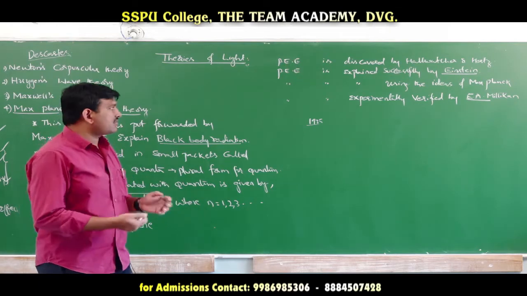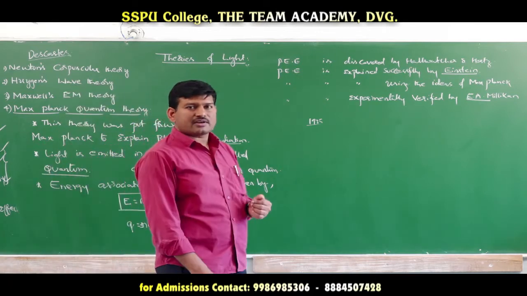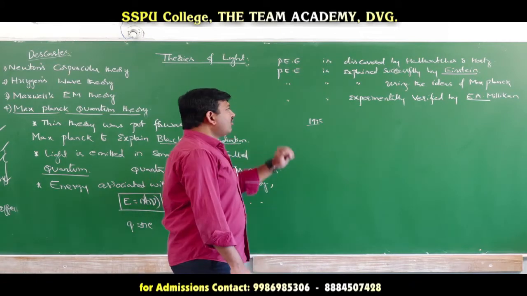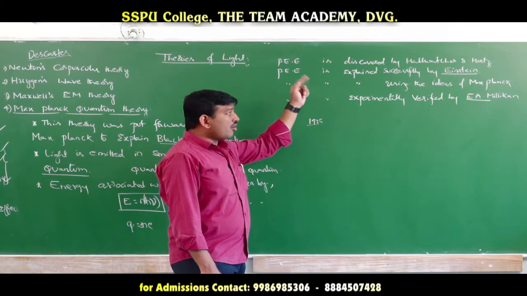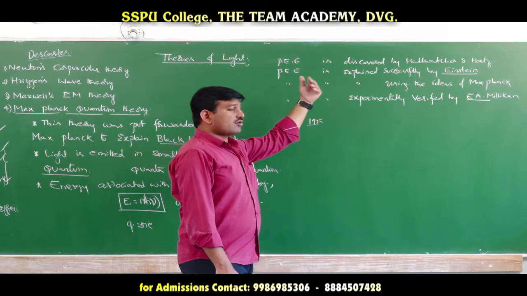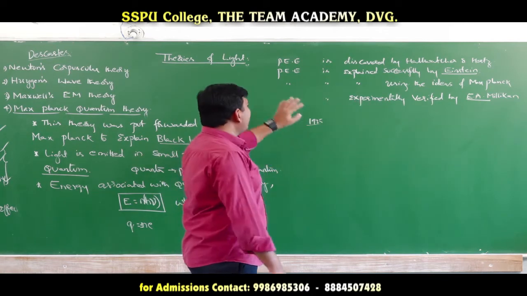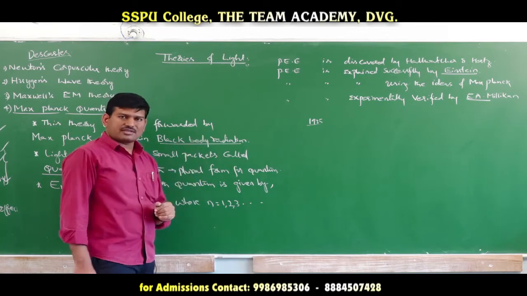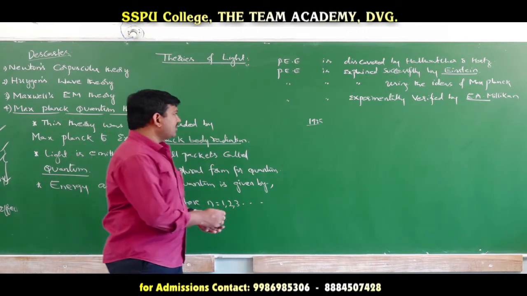For his famous special theory of relativity also, he did not receive the Nobel Prize. He received the Nobel Prize for explaining the photoelectric effect, which was not discovered by him. Is it clear?